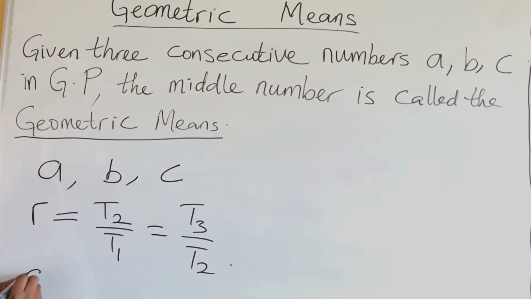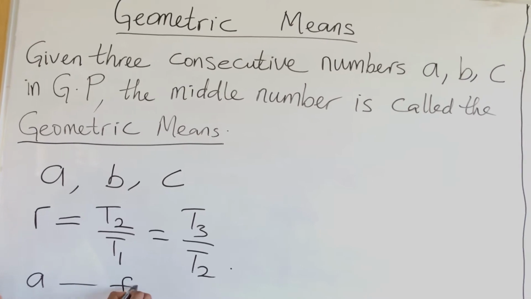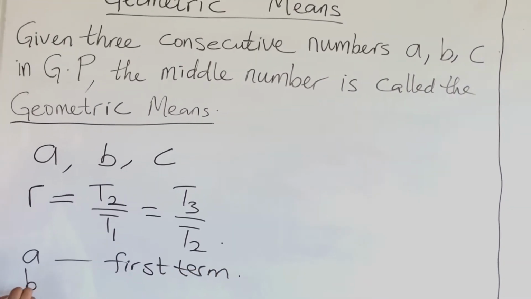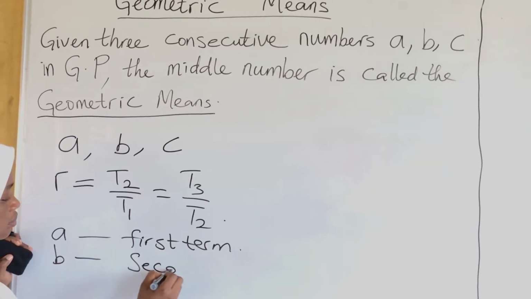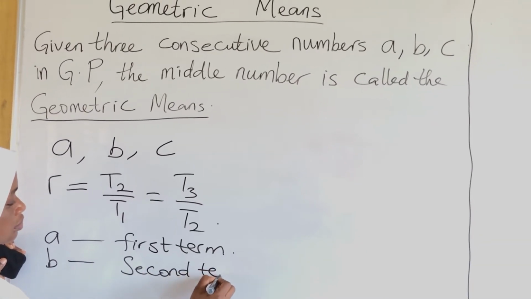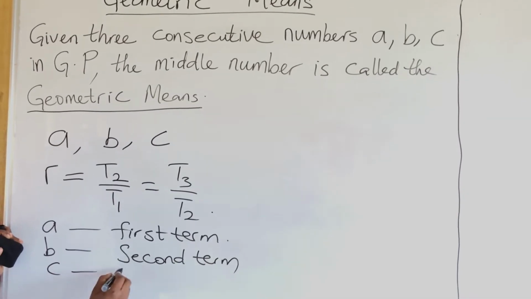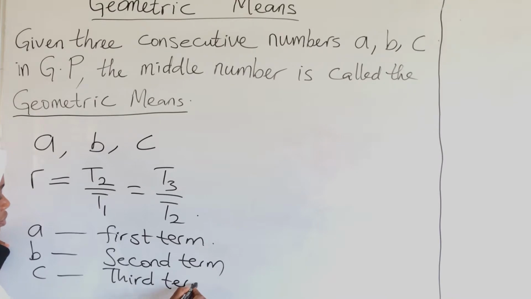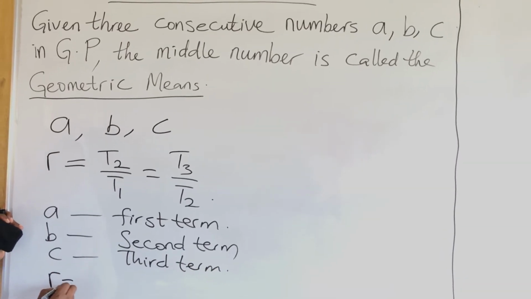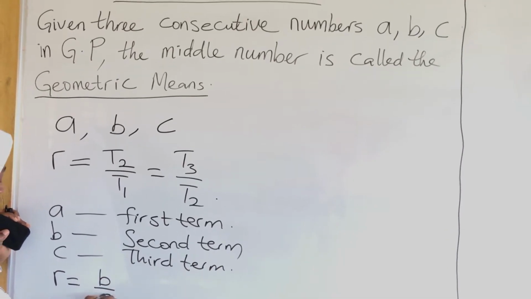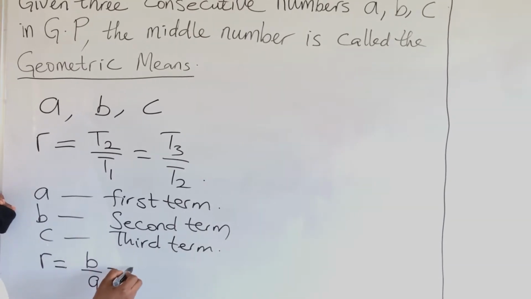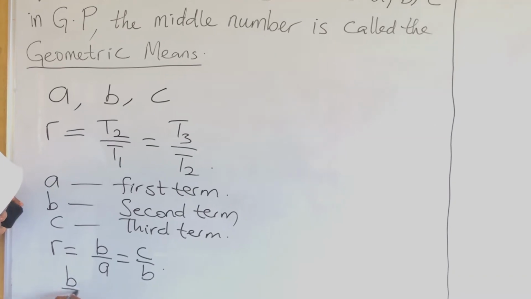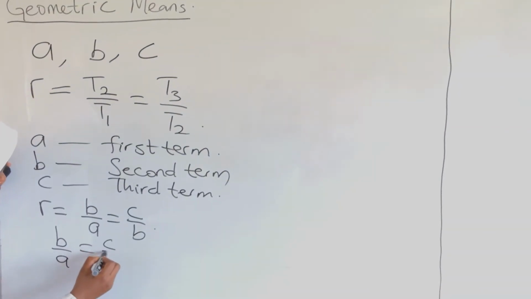So here, A is the first term, B is the second term, and C is the third term. So the common ratio will be B divided by A is equal to C divided by B.